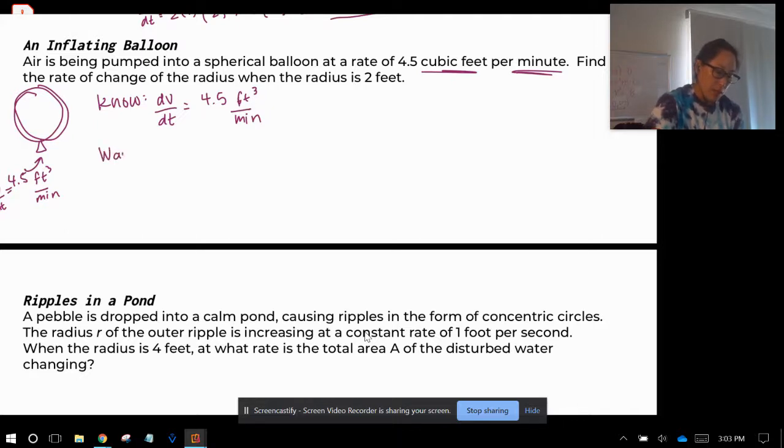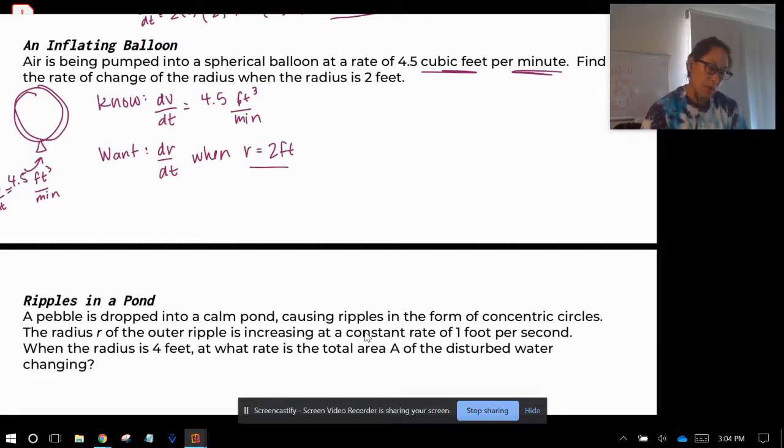And what I want is the change in the radius, so dr/dt, when r is equal to 2 feet. Okay, so the radius, even though it's kind of constant, that's when we want to evaluate. The balloon does not stay at 2 feet all the time, so we cannot plug that in until the very end of the equation.